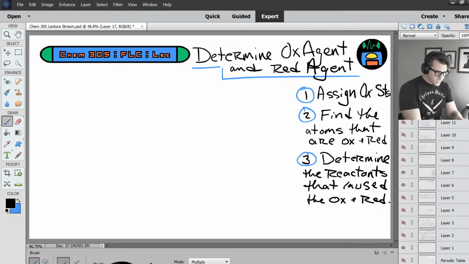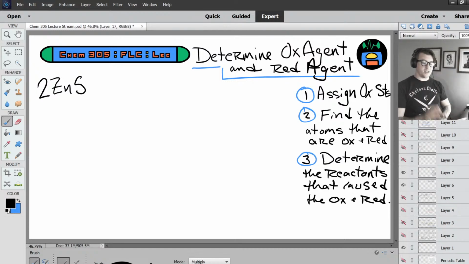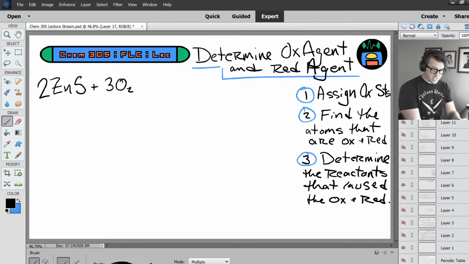The nice thing about these problems is that a lot of people are asking for examples of just assigning oxidation states, and in these problems you do have to assign oxidation states to everything in the chemical equation, so they tend to be pretty comprehensive.